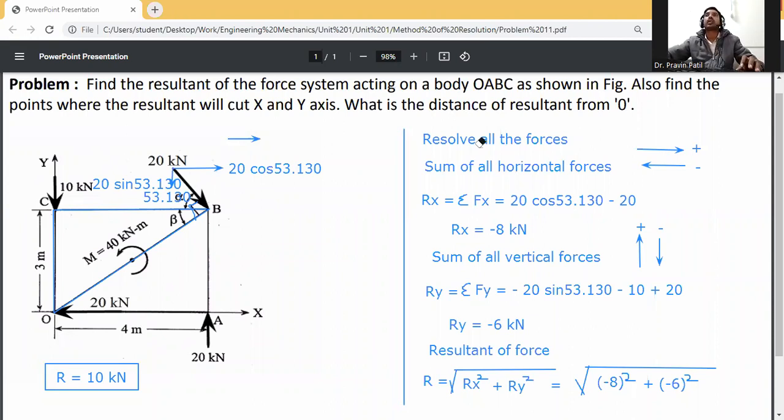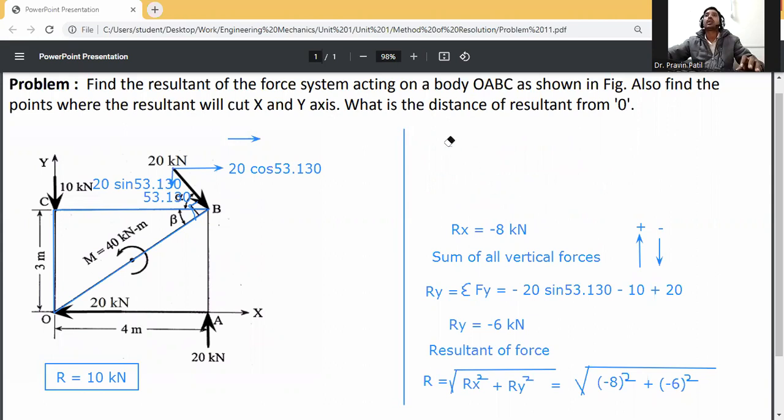Okay, now calculate the direction of the resultant. Tan theta is equal to Ry by Rx, or summation Fy by summation Fx.